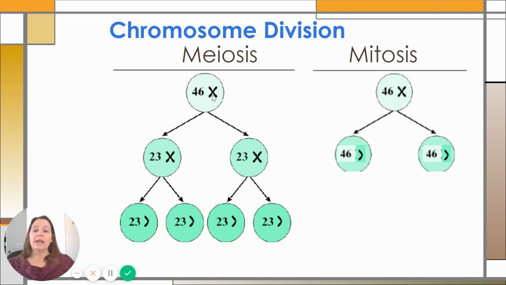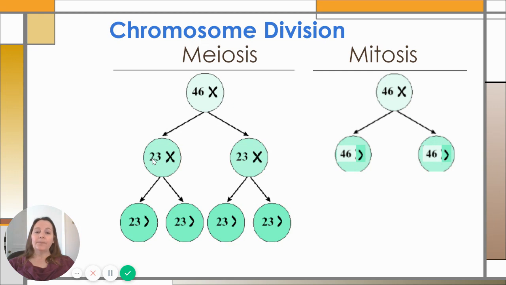So we'll have an X-shaped chromosome that represents number 1 from dad and an X-shaped chromosome that represents number 1 from mom. These two line up together, and then in the first division, those X's are separated. So now we have 23 X's in each cell.